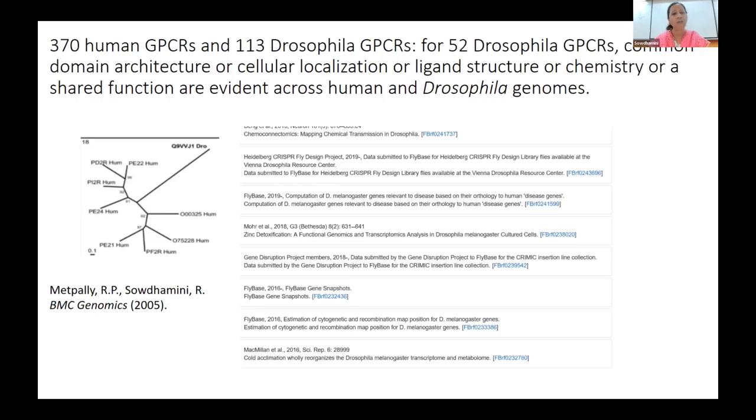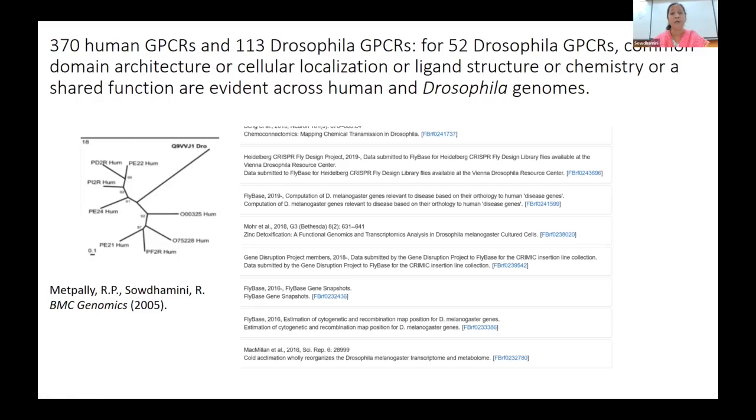And we then decided to concentrate on specific clusters and infer what we could. One of the examples is shown here, but we were able to infer on domain architecture, cellular localization, the possible endogenous ligand, and so on. And here you can see that there is an orphan Drosophila GPCR. Because of the phylogenetic association, we infer that it may be an arachidonic acid receptor.